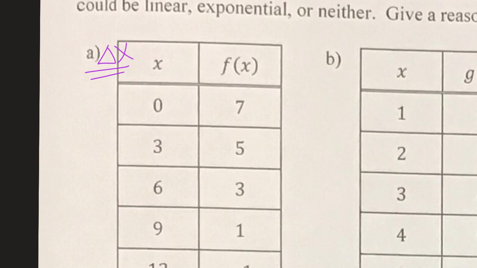From 0 to 3, that's plus 3. 3 to 6 is plus 3. 6 to 9 is plus 3. 9 to 12 is plus 3. Okay, so yes, our input values, which are your x's, have an equally spaced interval, right? These are all 3 units apart. So now we're going to look at our y values, your outputs.